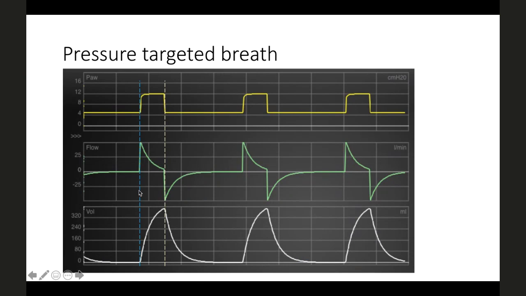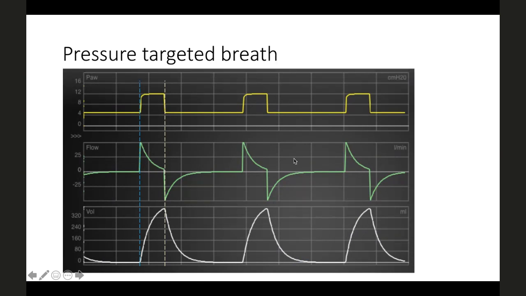That is why the square wave pattern is not too physiological, and our decelerating pattern looks more towards the physiological pattern of flow. So for volume control breath, it's a square wave pattern. The flow suddenly reaches a peak and then is maintained throughout the inspiration. For pressure targeted breath, it starts from a high value, then decelerates throughout the inspiration.